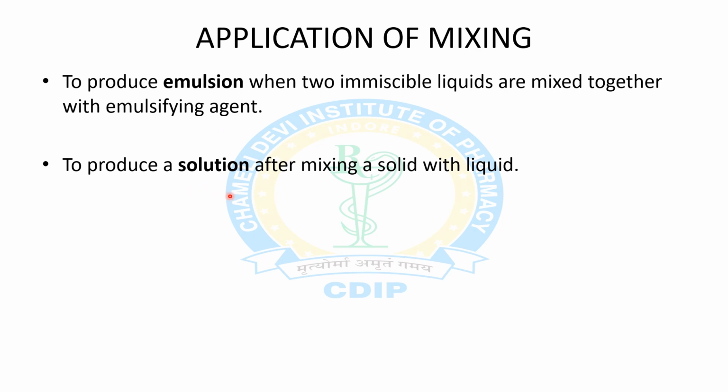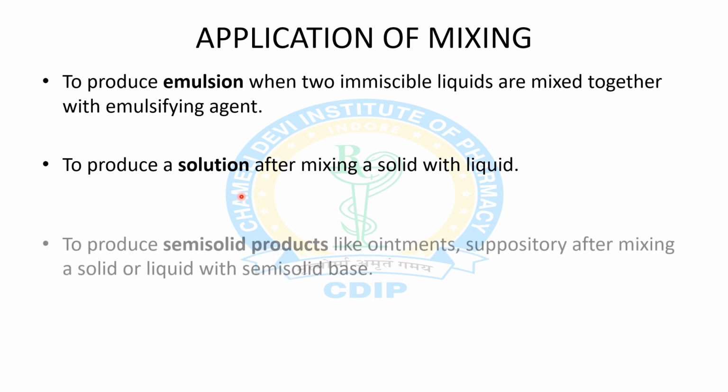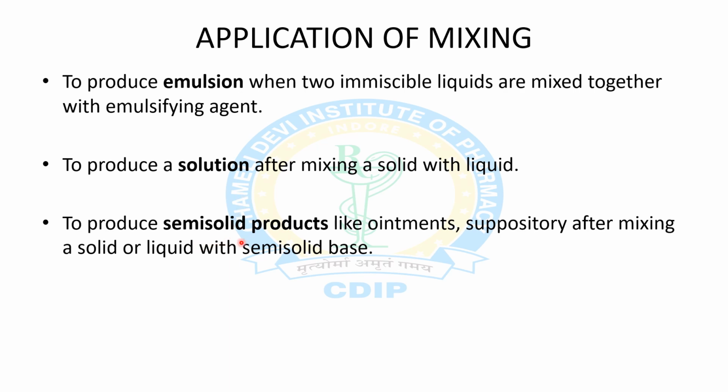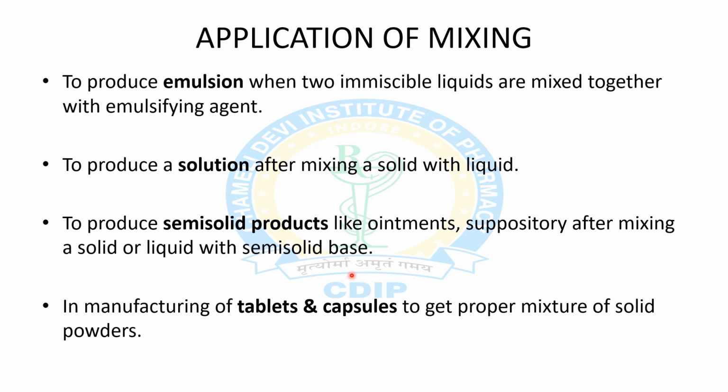To produce a solution after mixing a solid with liquid. To produce semi-solid products like ointments and suppositories after mixing solid or liquid with a semi-solid base. And in manufacturing of tablets and capsules to get a proper mixture of solid powders. So these are the applications of mixing.